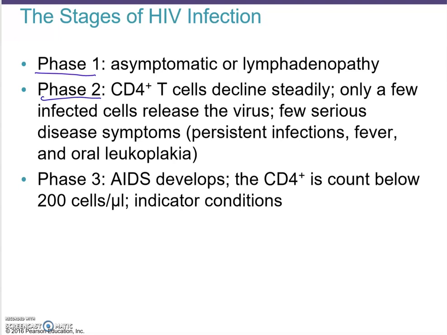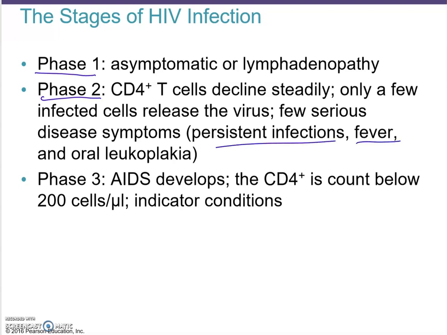In phase 2, you have a steady decline of CD4 plus helper T cells. This phase can last anywhere from a few months to a few years. And nowadays, actually, people are staying in this phase 2 with medication, apparently indefinitely. In this stage you may have increased infections or persistent infections.